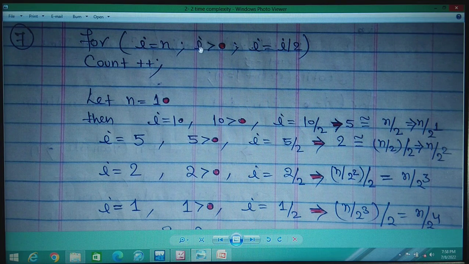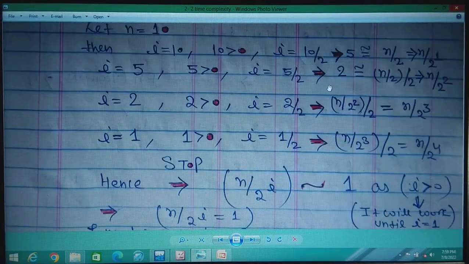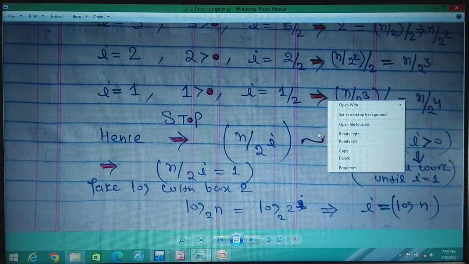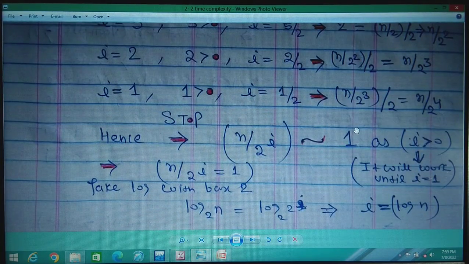If there is 1, then it will work. So this count will execute until I is equal to 1. Once the value is 1, then this count will not execute. So your condition will be fulfilled when you get 1. So this n upon 2 ki power I is converging to 1 as I is greater than 0. It will work until I is equal to 1.